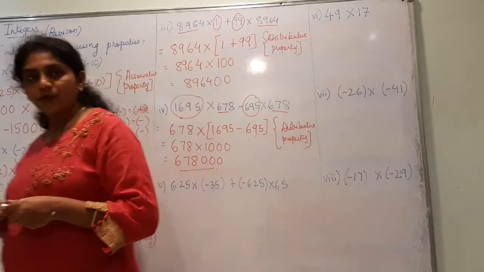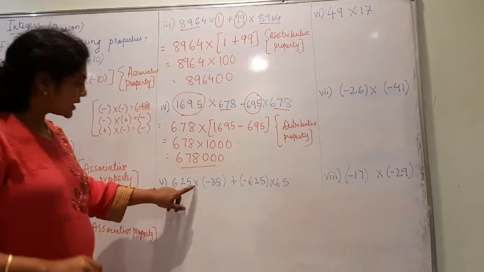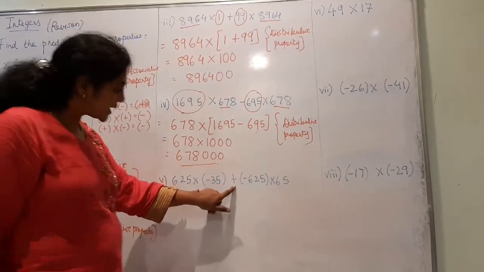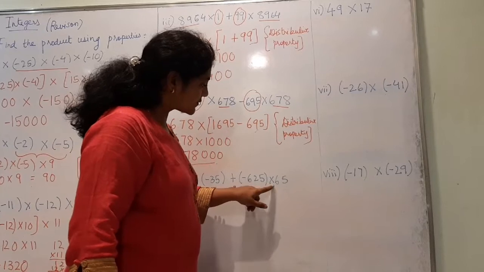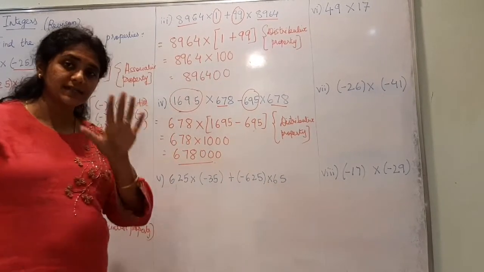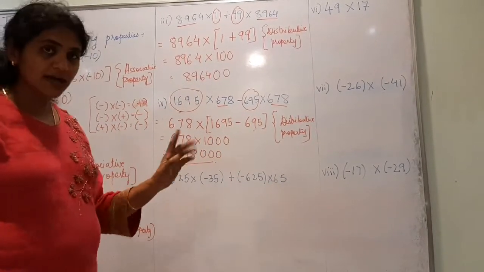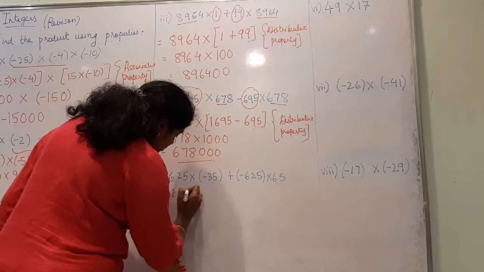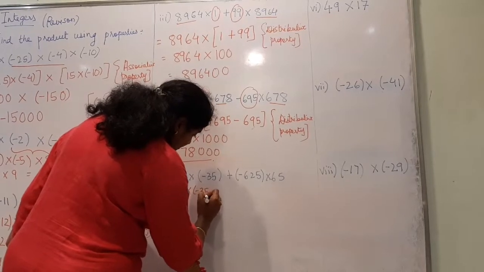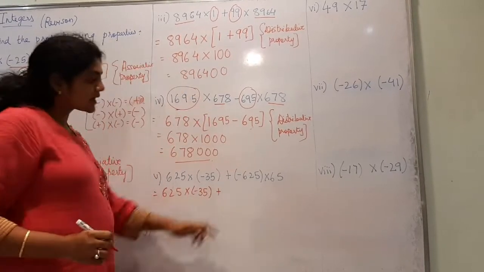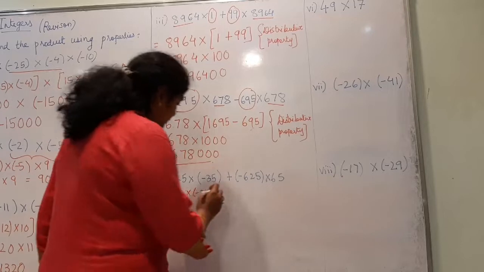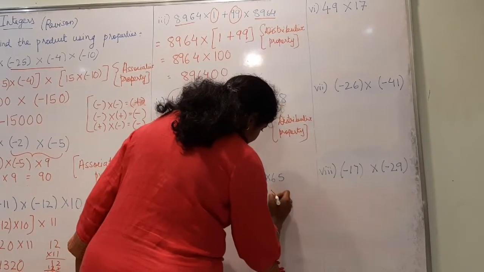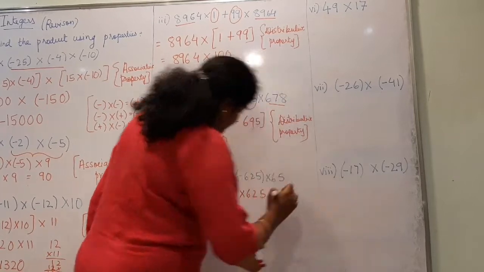Okay. Fifth one. 625 multiplied by minus 35 plus minus 625 into 65. This is your exercise problem, but still I am explaining. Now 625 into minus 35. I can write minus 625 as minus 1 into 625 into 65.